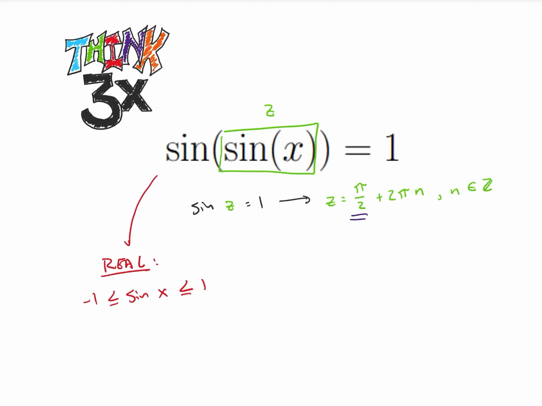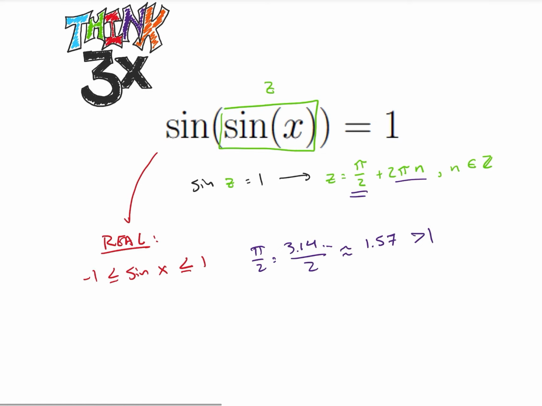The problem is pi over 2 is 3.14 divided by 2, which is approximately 1.57, which is greater than 1. So that doesn't work. If I add 2 pi, which is about 6, to this, it's still going to be bigger than 1. If I subtract 2 pi from that, it's going to be less than negative 1. So essentially, in real numbers, there's no solution.